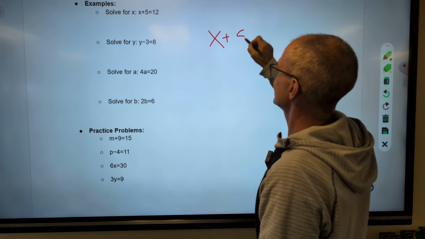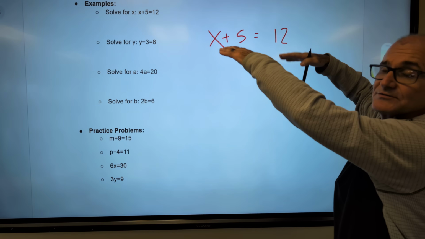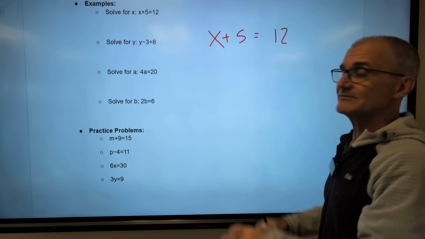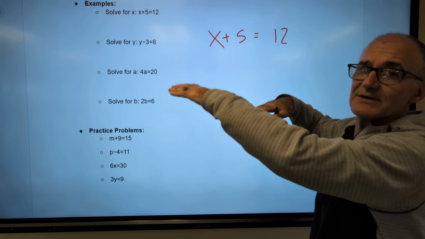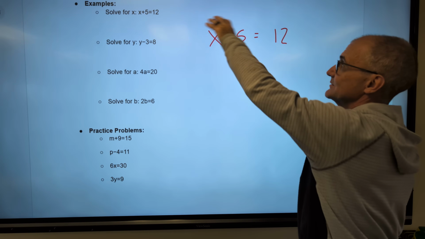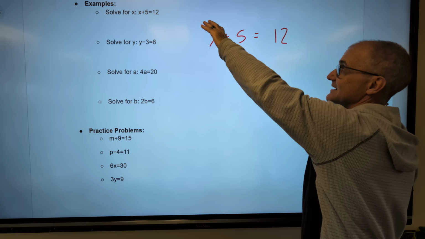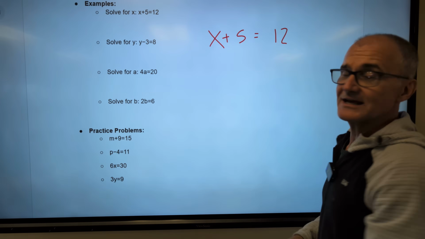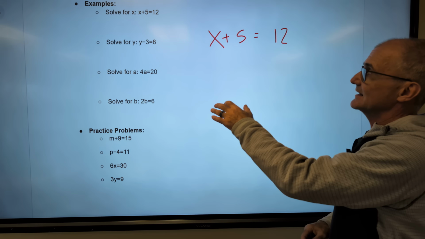So x plus 5 equals 12. This is a balance, and it's perfectly balanced. I can do whatever I want to this balance as long as I do it to both sides and it stays in balance. If I add a million here, I add a million here. If I divide this by 10,000, I divide this by 10,000, it is still equal. It's still in balance.